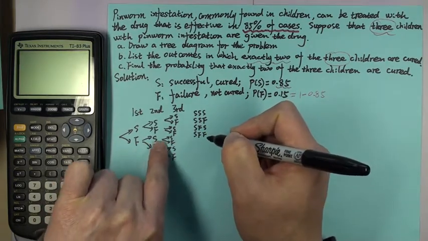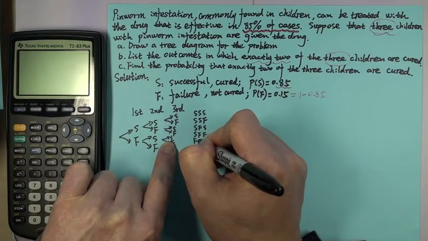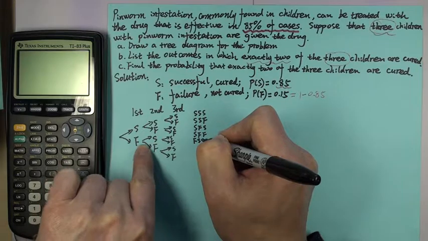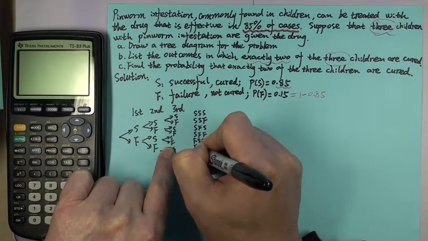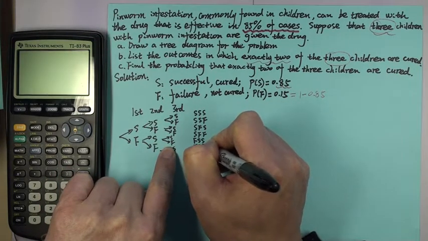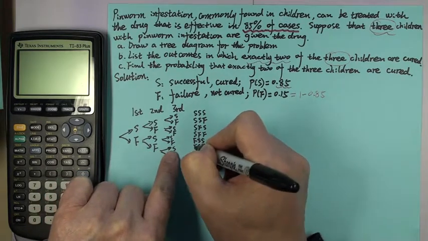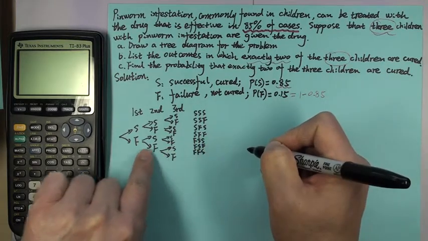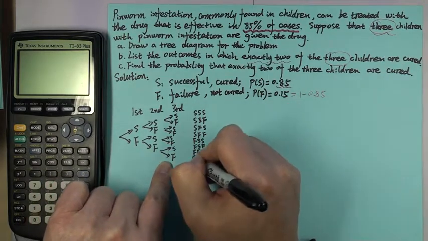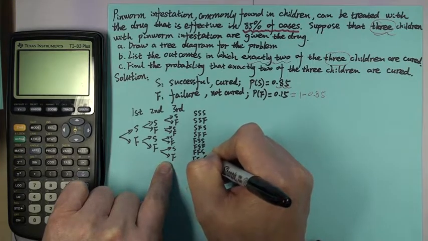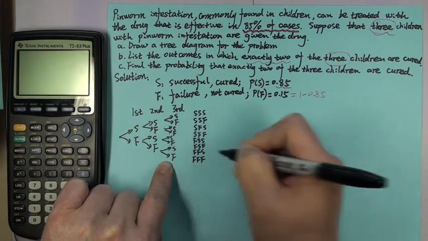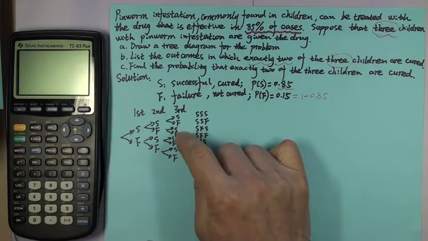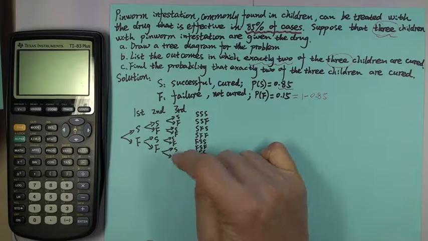Now FSS, FSF, FFS, and then FFF. So in total you see 1, 2, 3, 4, 5, 6, 7, 8.